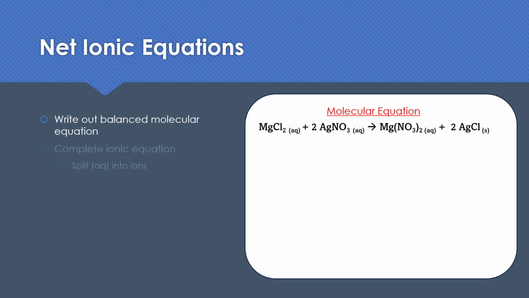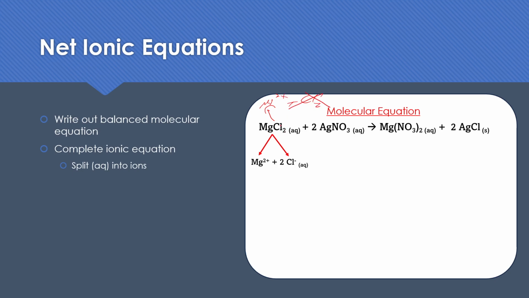Then the next thing you write out is the complete ionic equation by splitting the aqueous compounds into ions. So for instance, magnesium chloride becomes 1 magnesium 2 plus and 2 chloride minus. You'll note that it does not split into magnesium 2 plus Cl2, okay? That is incorrect.